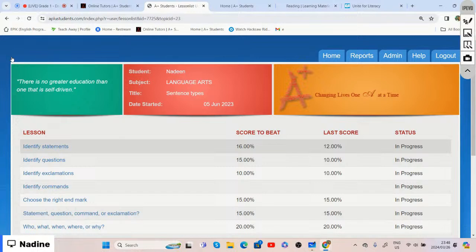A question asks a question and it ends with a question mark. An exclamation is basically like a statement but it shows strong feelings, and that ends with an exclamation point. And then we have a command, which basically tells you to do something, and that either ends with a period or an exclamation point.